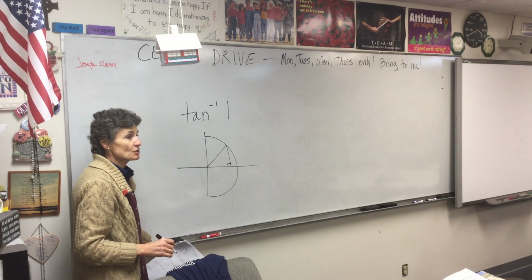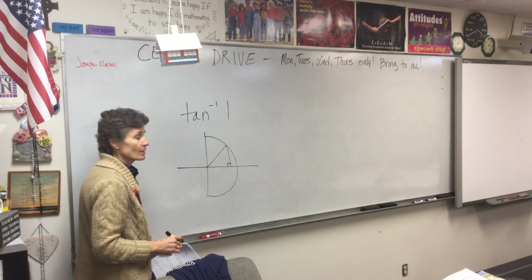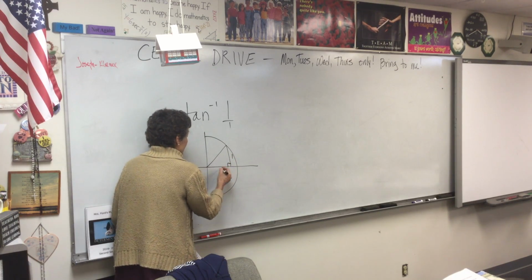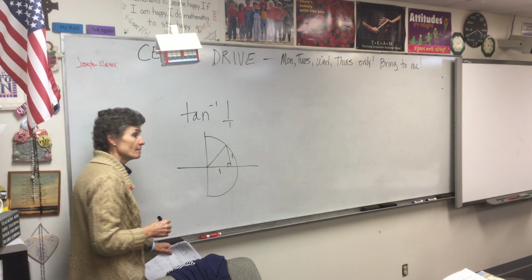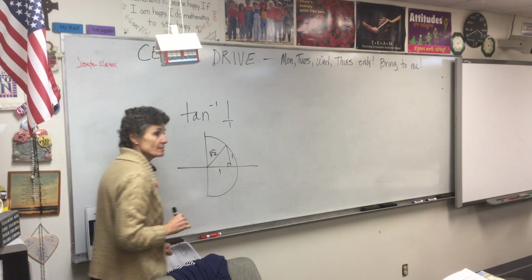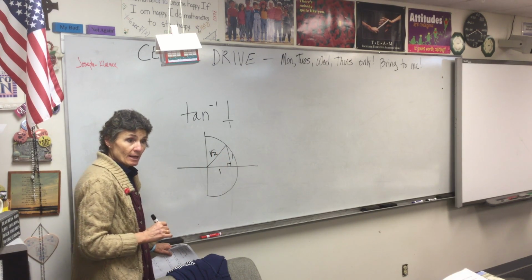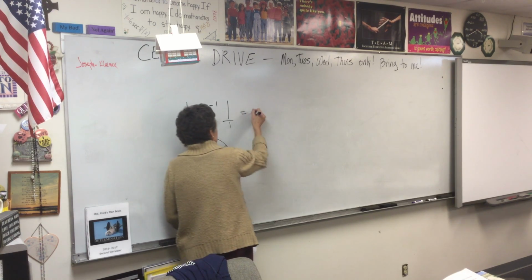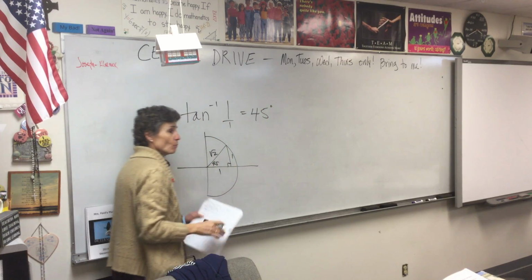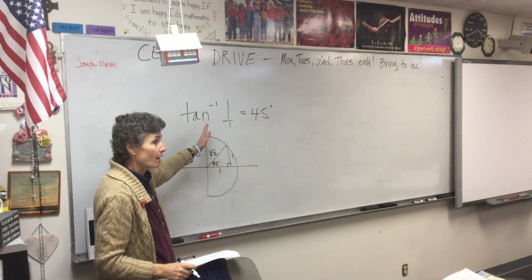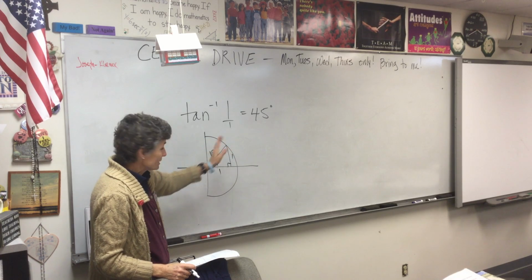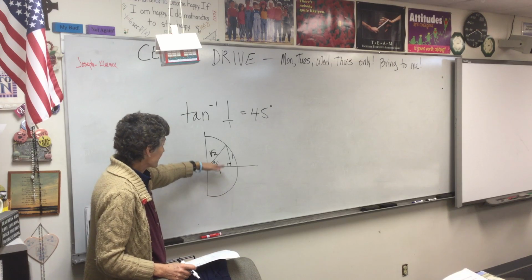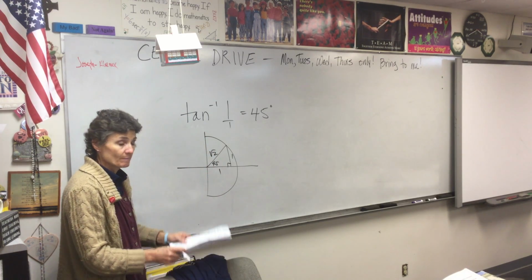Now think of the tangent as a fraction. 1 is like 1 over 1. So opposite and adjacent is 1, which means hypotenuse is root 2. And the angle is 45. This is positive 45 because we're going up. The last one we did, it was negative because we were going down.